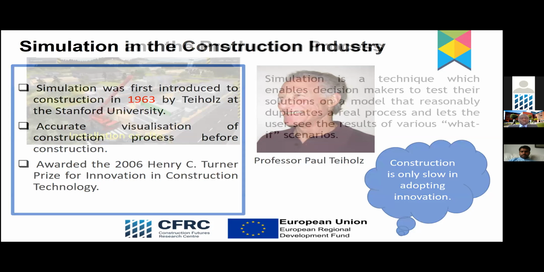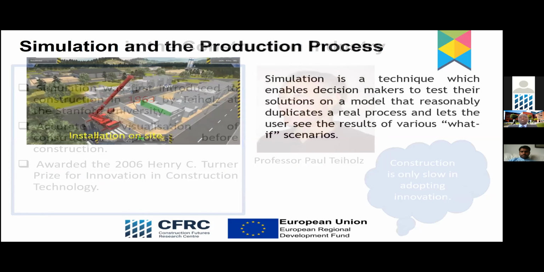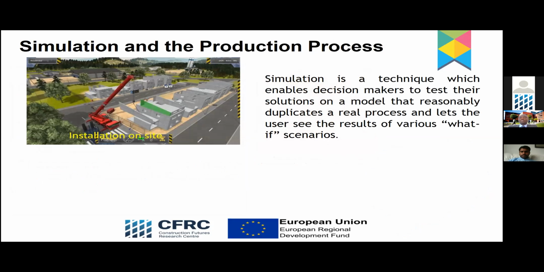So, looking at the concept of simulation, which is the focus of our presentation today, simulation is a decision-making approach that enables us to understand the process we want to go into before the actual implementation of that process. That is what the concept of simulation is about.